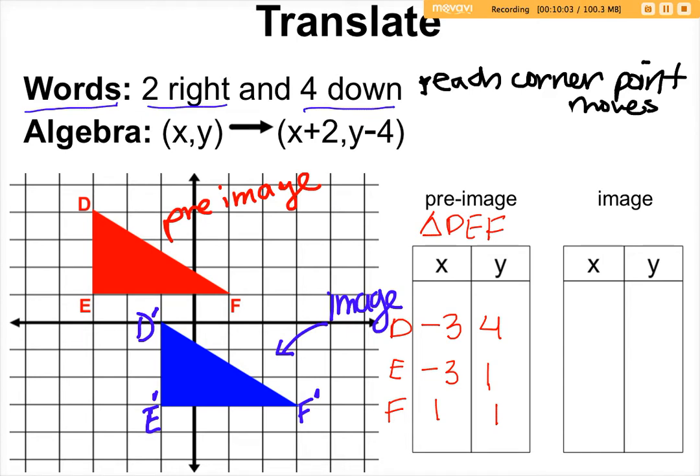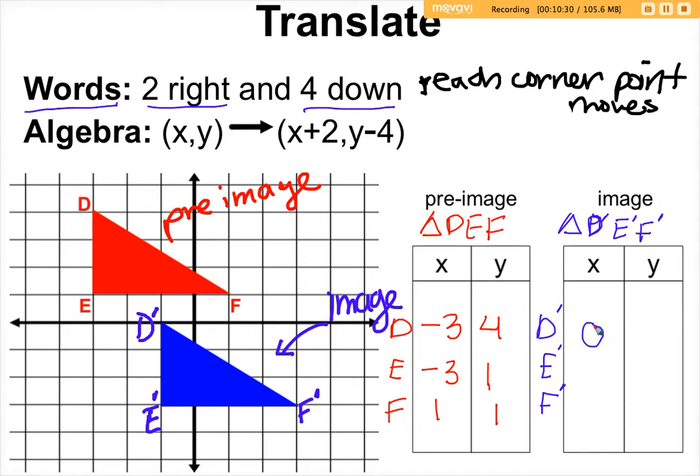Now let's take a look at the ordered pairs of our image. Our image is triangle image D, image E, image F. So copy that down. Then we're going to take a look at our ordered pairs for image D, image E, and image F. I'm going to use the picture to come up with our ordered pairs.